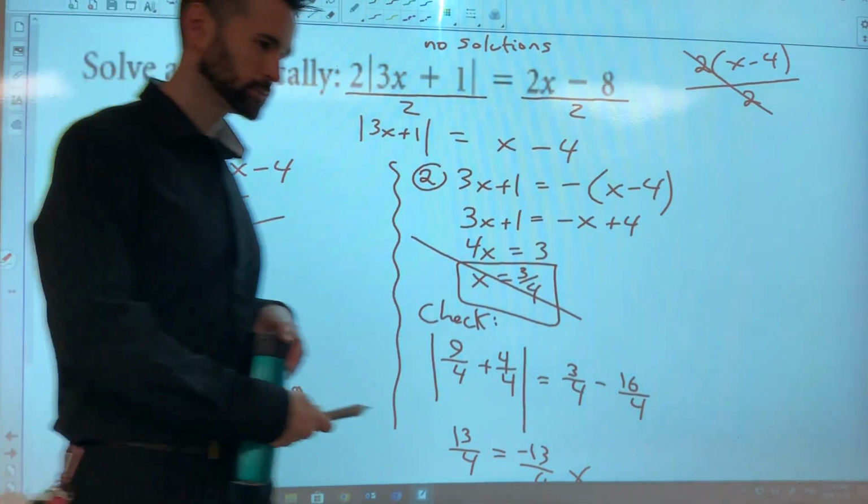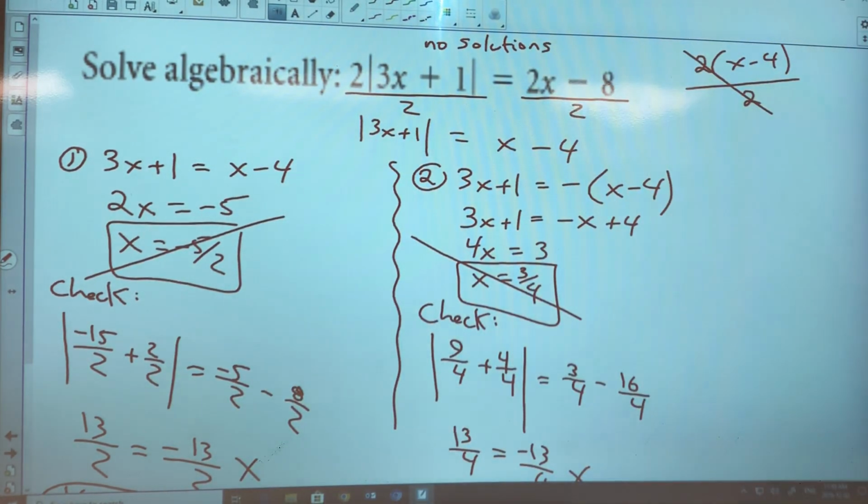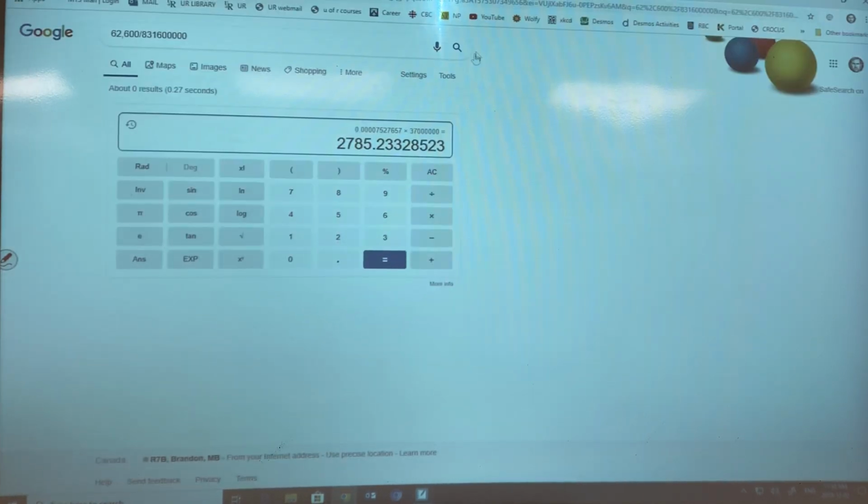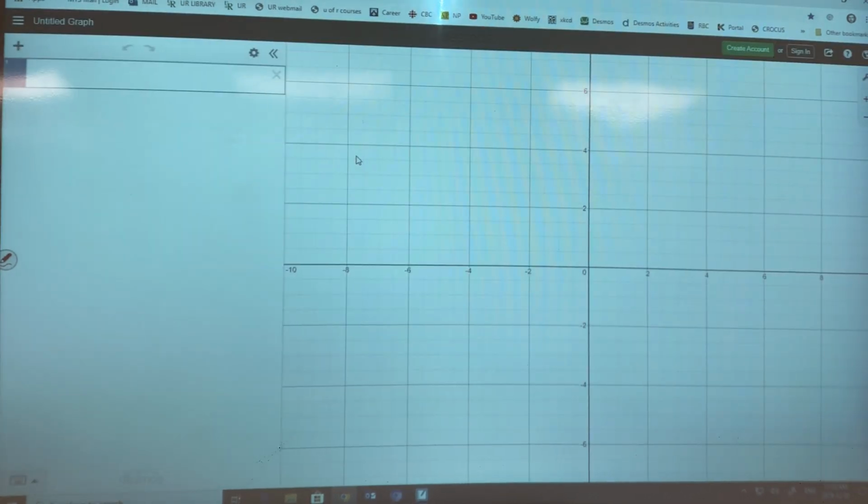You guys want to see? You can quickly sketch it up on Desmos and just confirm, like visually. You can try. Again, this would not be expected of you, obviously, but just so we can see what's happening. So how do we get absolute value on this? Let's see. I think I can do this. There's 3x plus 1.